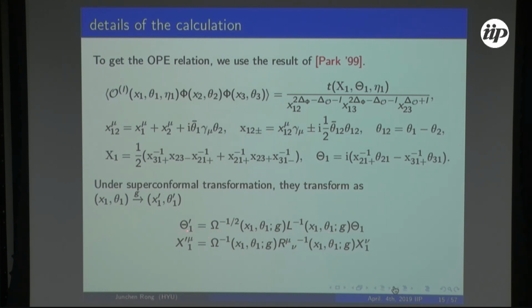Under superconformal transformation, all the transformations are brought back to the first coordinate, even though this capital X1 contains 3 different position coordinates. This transforms only in the SO(1,2) times dilatation at point 1. Therefore you can construct superconformal invariants and write down the 3-point correlators.